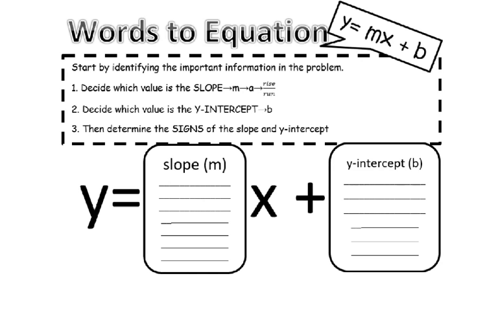So some key words to look for that represent slope are per, rate, and, every, time.